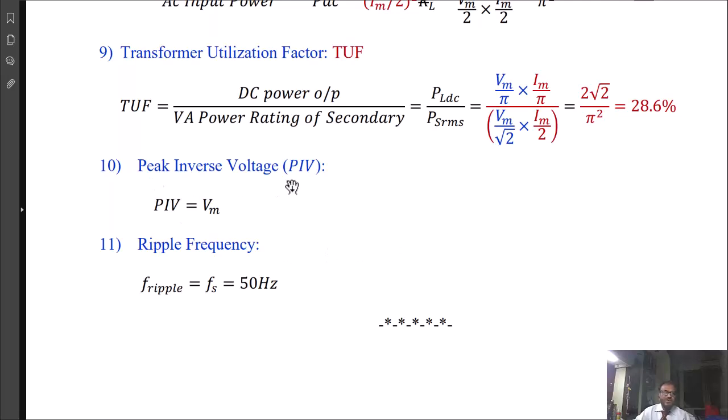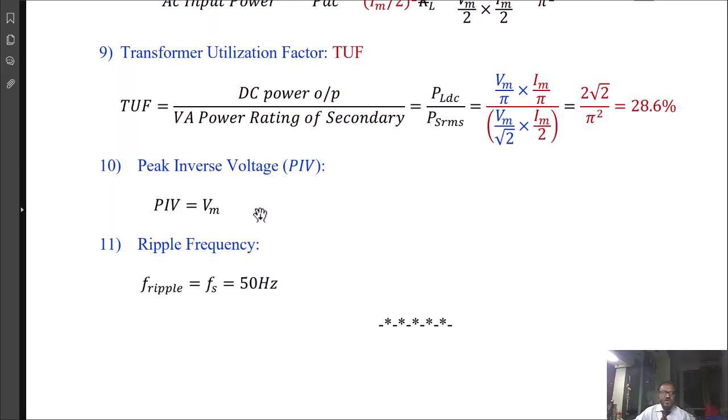The peak inverse voltage PIV of the diode is the next performance parameter. PIV should be greater than Vm, as we have seen in the operation, because it is the maximum reverse voltage appearing across the off-state diode. If this voltage is exceeded, then the diode will go into avalanche breakdown and be damaged.